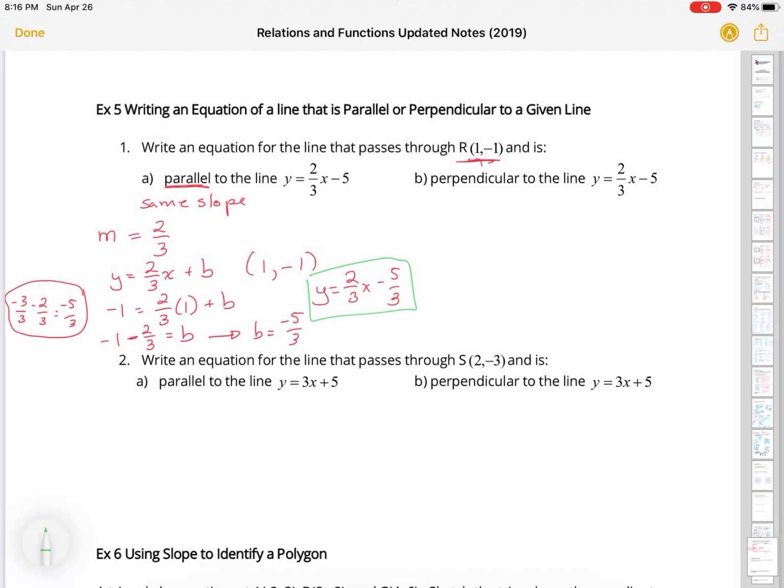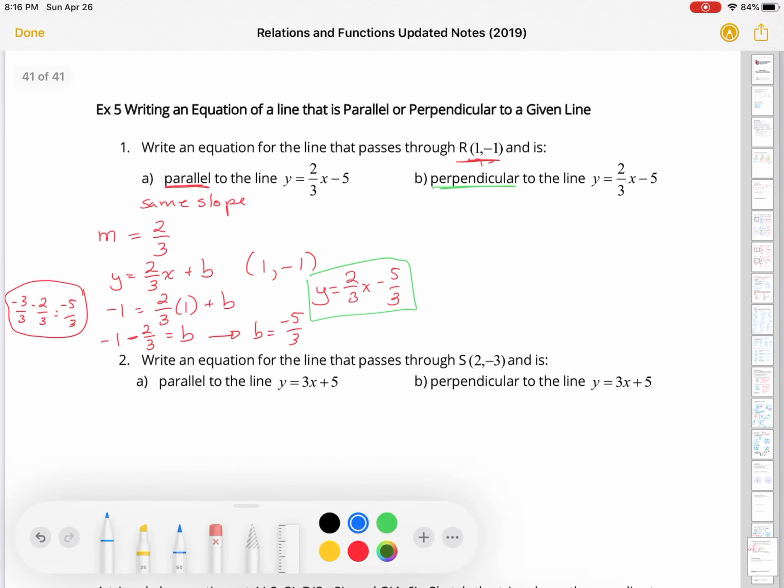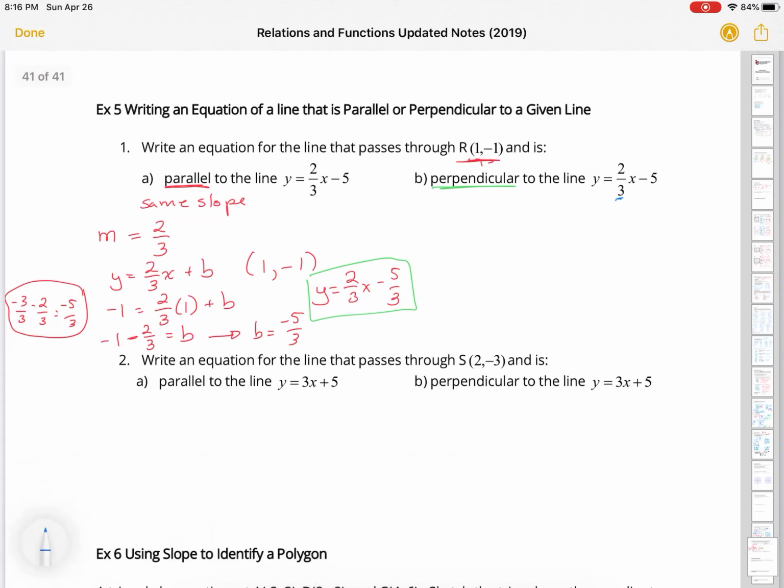Okay, and the next one I'm going to try and do the math a little cleaner, just so it fits all in a nice box. The next one wants it to be perpendicular. So perpendicular means that it's going to have the negative reciprocal for slope. So if it's 2/3, it's going to be m is equal to negative 3/2. Okay, so that means y is equal to negative 3/2 x plus b. Again, we're using the point 1 comma negative 1, and we're going to substitute that in for x and y. So negative 1 is equal to negative 3/2 times 1 plus b.